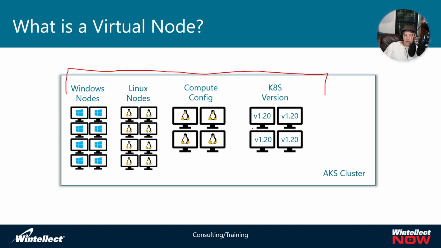Virtual nodes, on the other hand, are transient type workloads that get defined based on Azure Container Instances. And what Azure Container Instance basically does is work as a way of defining an instance of a container that runs on what we might call a serverless model. In other words, the compute is on demand.